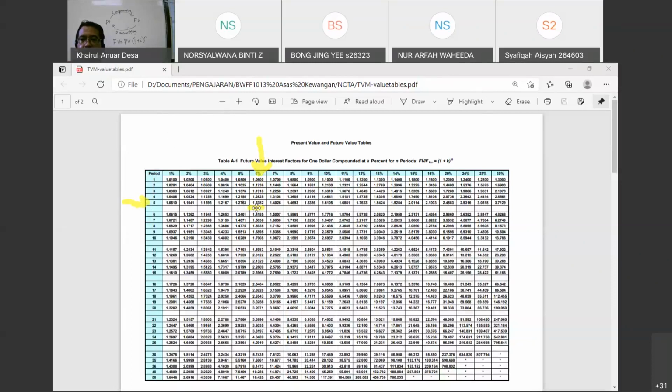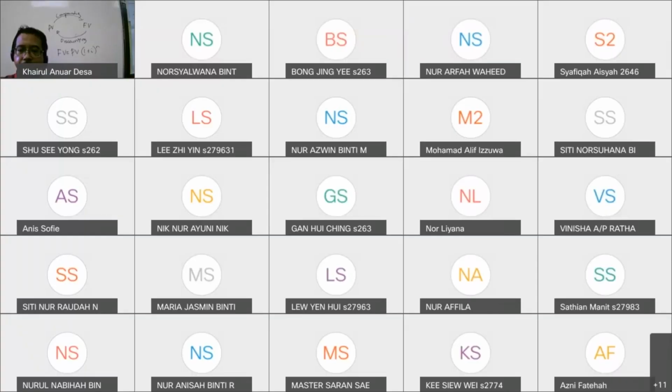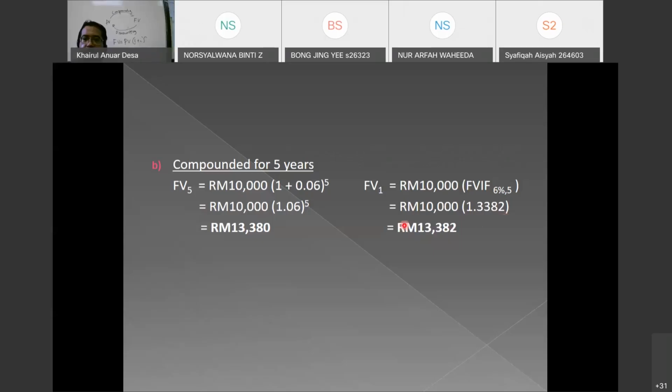The coordinate is 1.3382. Boleh eh? So we should get this answer: 10,000 and 1.3382. So the answer is 13,382. Any question? Ada soalan setakat tu? Boleh dapat? Alif okey?